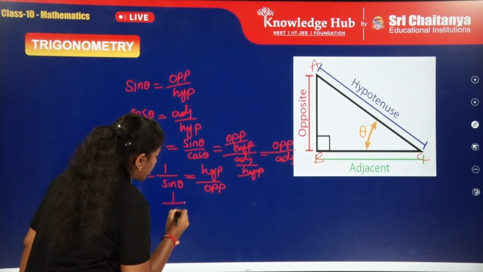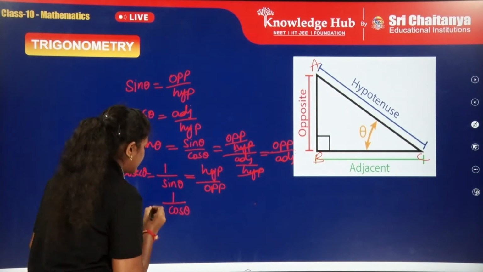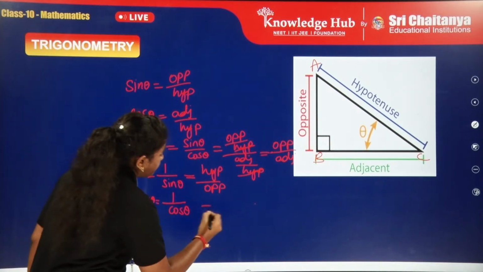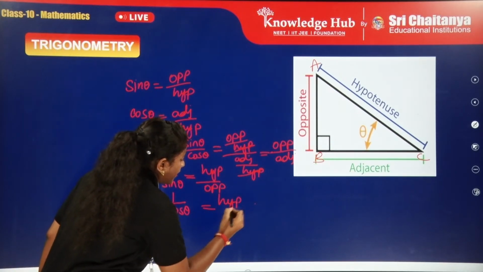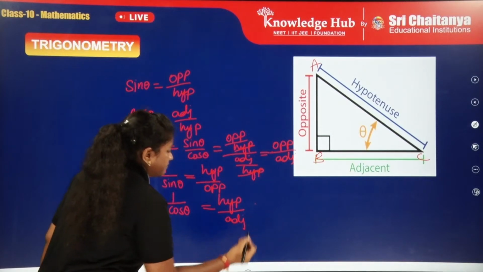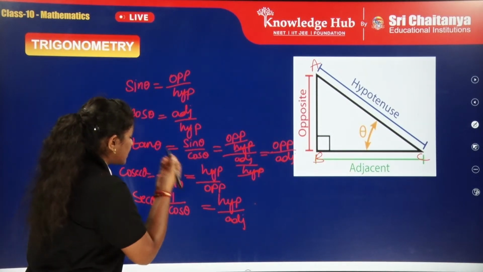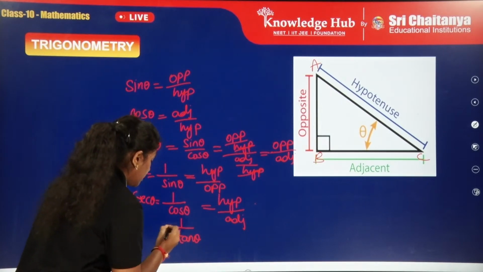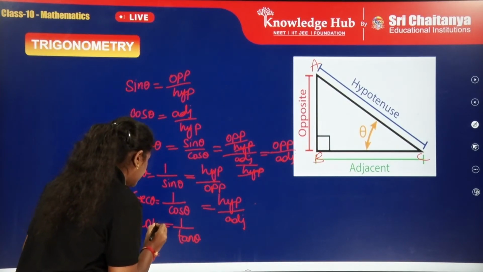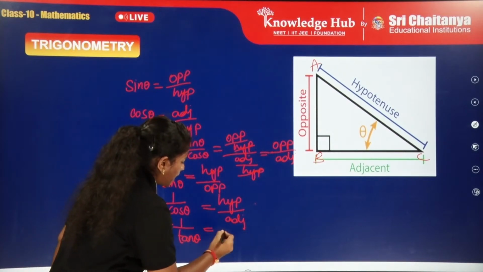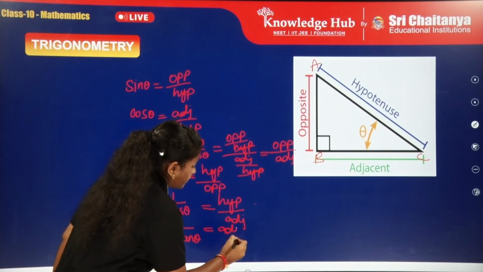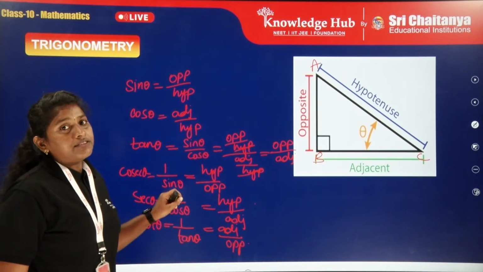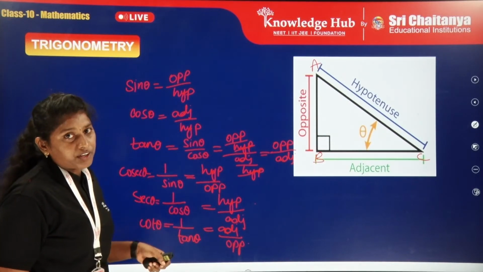That becomes 1 by cos theta and is represented by secant theta, which is given as hypotenuse by adjacent. Okay. In the same way you can take the inverse of tan theta also. That becomes 1 by tan theta and is represented by cot theta, which is given by adjacent by opposite. Okay. So now we completed the first part of trigonometry, that is your trigonometric ratios.